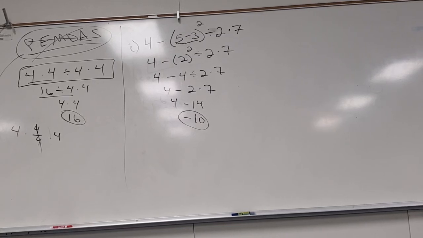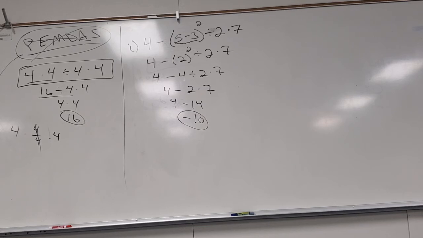If I had this problem, what is the last thing I would do in this problem? Division, yes. I think students do a few of these and then they make their own rule, division always last. Which is obviously not true because PEMDAS does not end with a D, right?